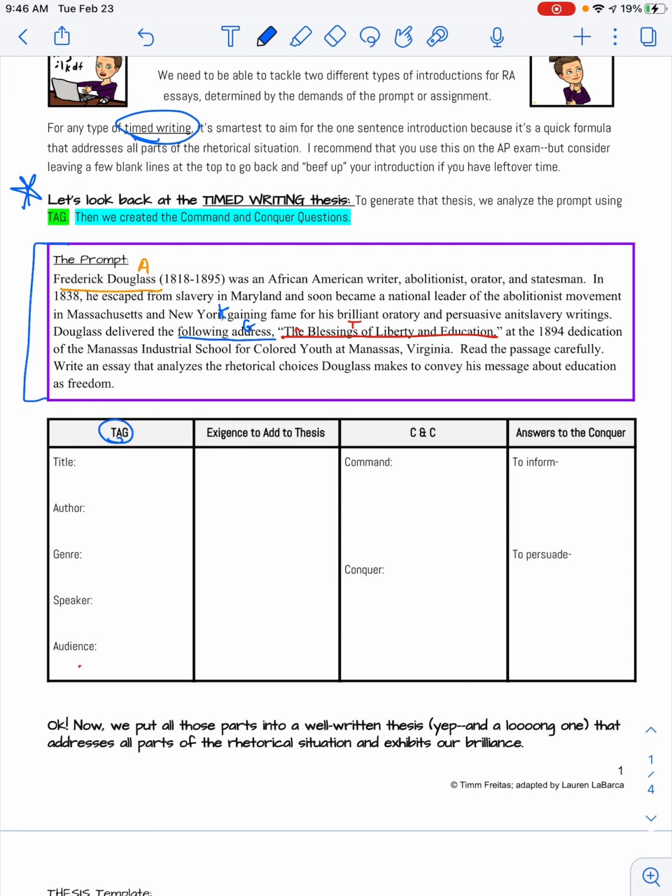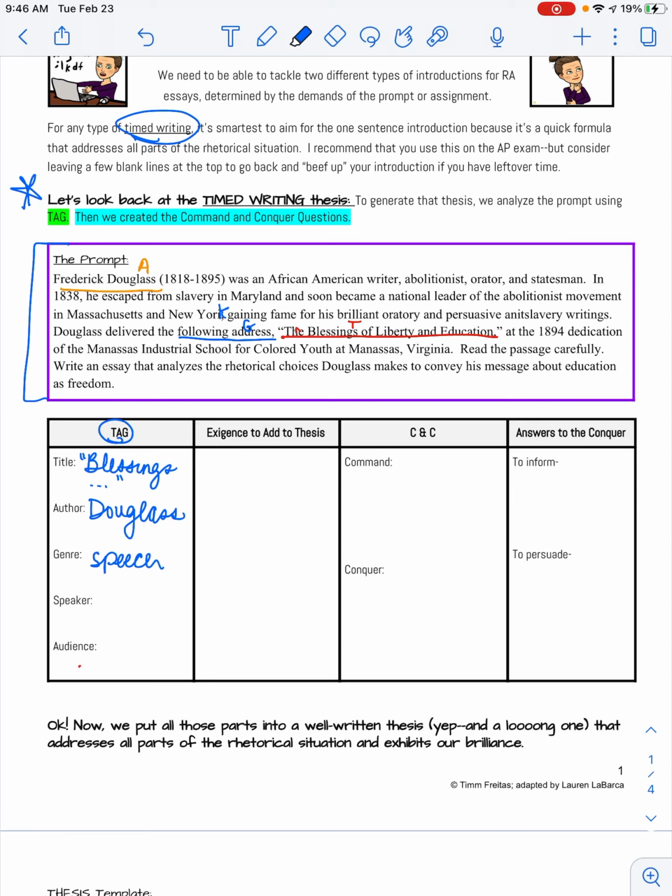So I'm just going to write our genre down here. Dedication speech, or speech. We can fill this stuff in too. Just going to do that for purposes of the video. When we think about our speaker, this is important information given to us that we could actually use as part of our dependent clauses in our thesis statement.